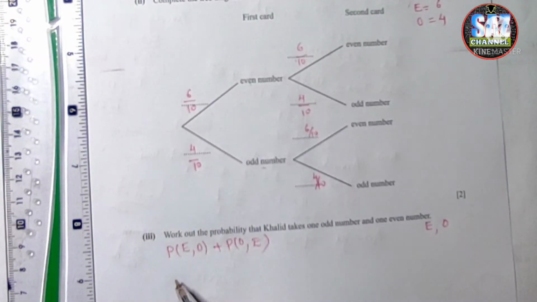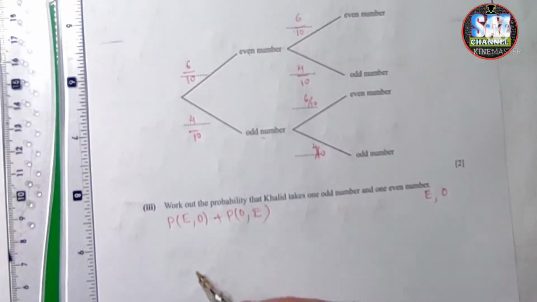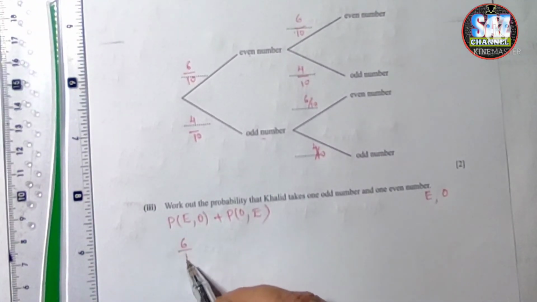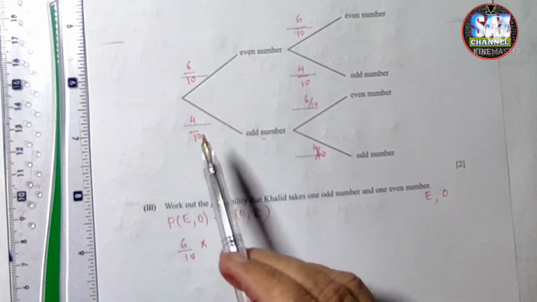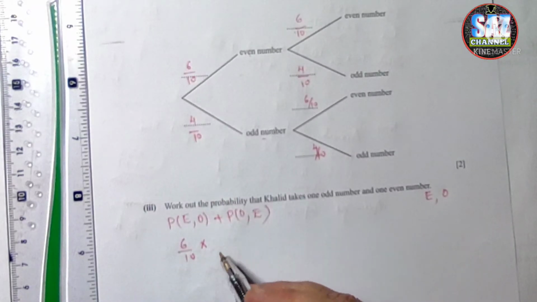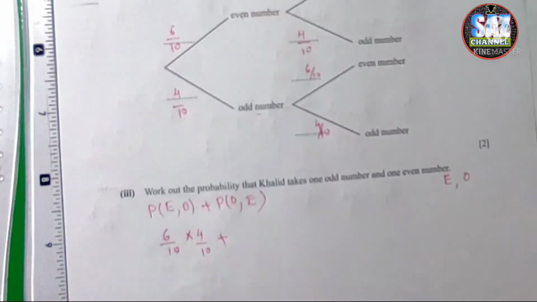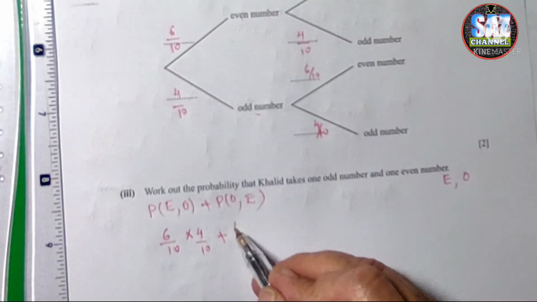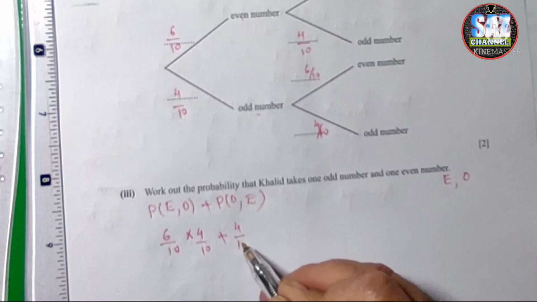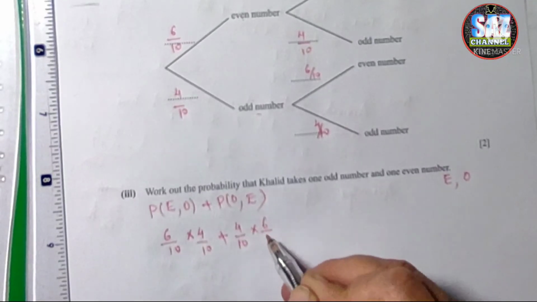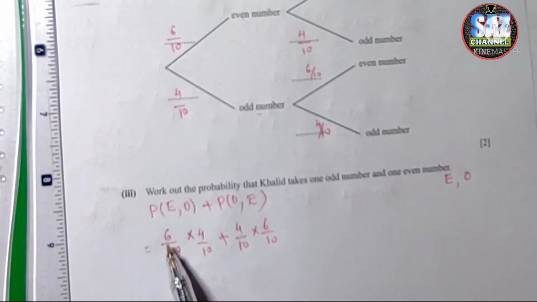Probability of even is 6 by 10, multiplied by 4 by 10, plus probability of odd 4 by 10 multiplied by 6 by 10.